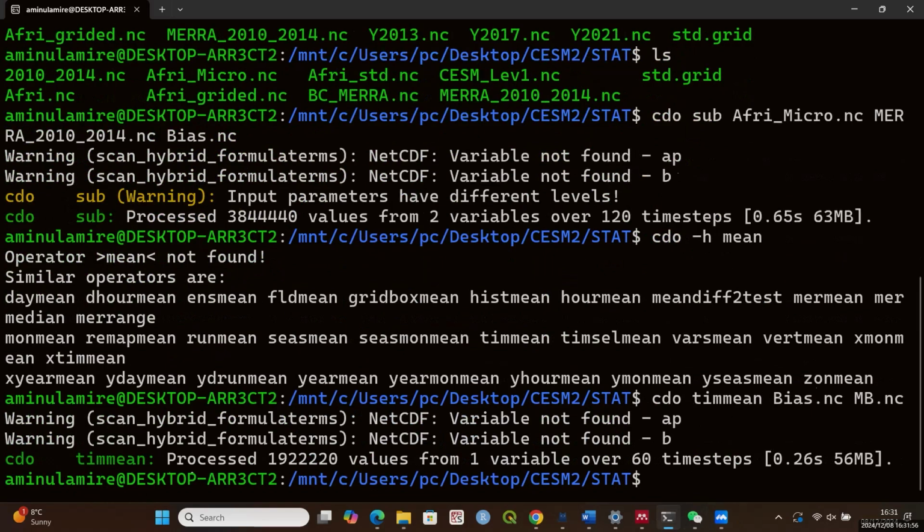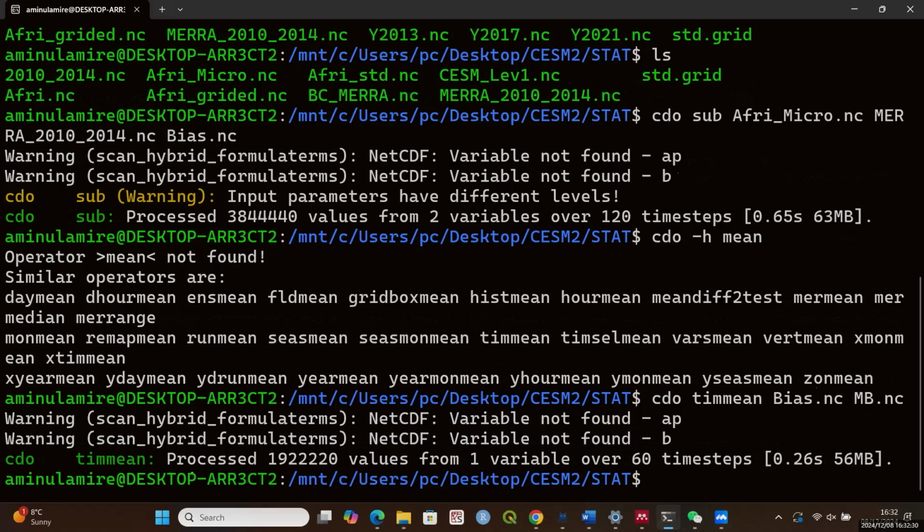I'll try to explain in my own language so that everyone can understand. You remember we have our data in a matrix. We calculated the difference for the first month at each grid point, over the entire domain.